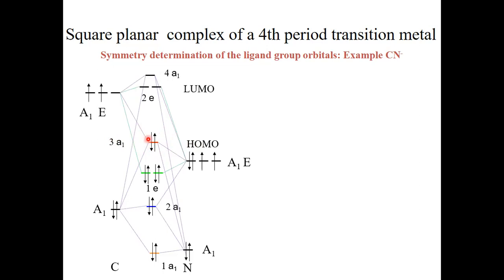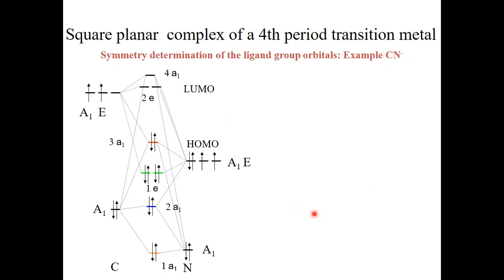Like in the case of the carbonyl ligand, this molecular orbital represents the electron lone pair at the carbon, and it is localized primarily at the carbon because it has a somewhat antibonding nature. So like in the carbonyl ligand, also in the cyano ligand, the carbon is the reactive end and not the nitrogen.